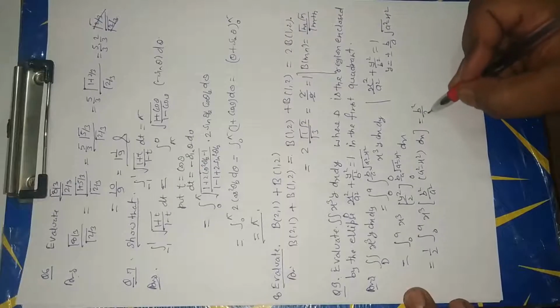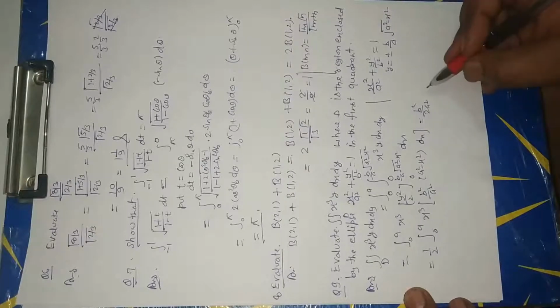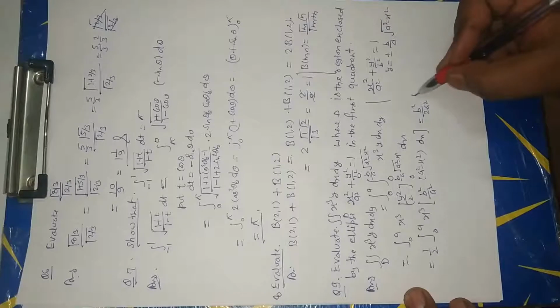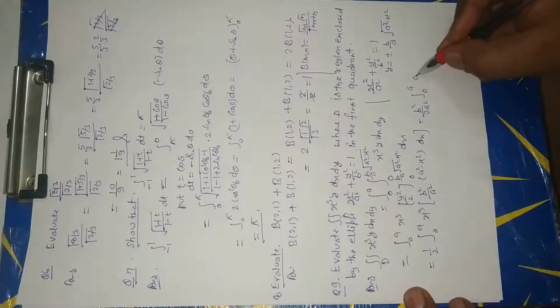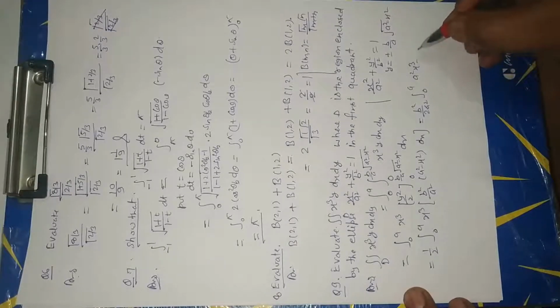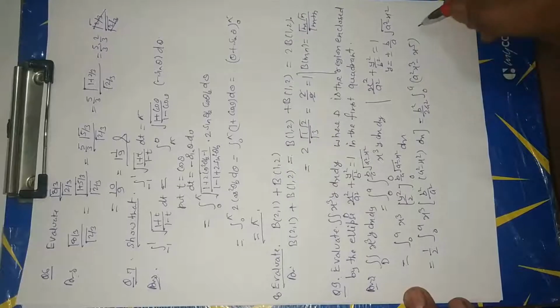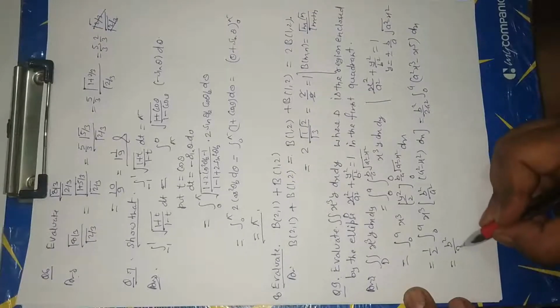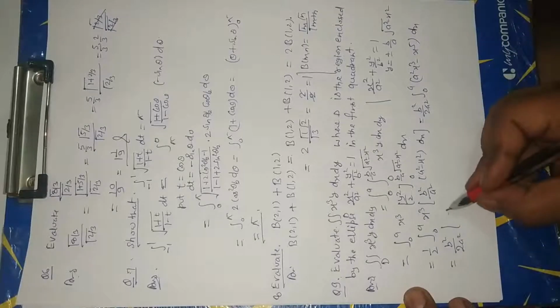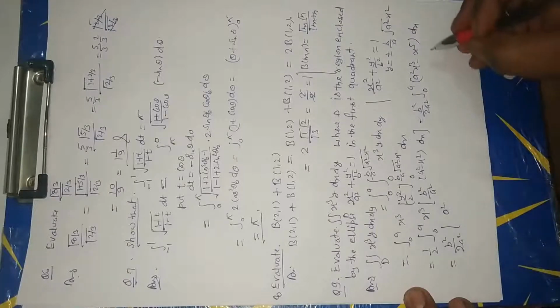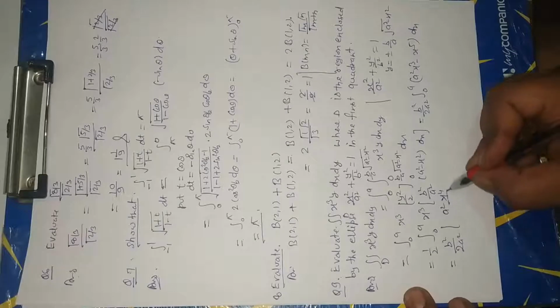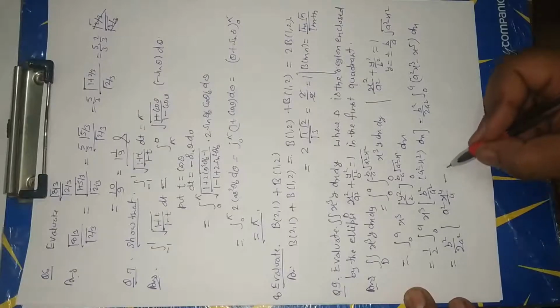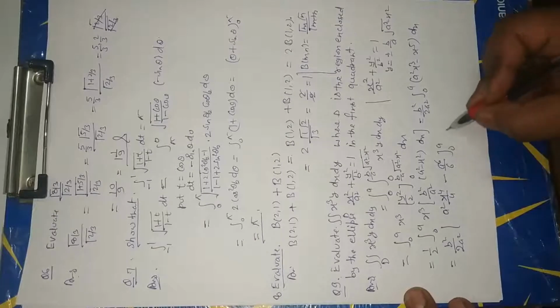Now b square upon 2a square common, integral from 0 to a of (x cube minus x to the power 5) dx. Now integrate: b square upon 2a square times [x to the power 4 upon 4 minus x to the power 6 upon 6], limit 0 to a.